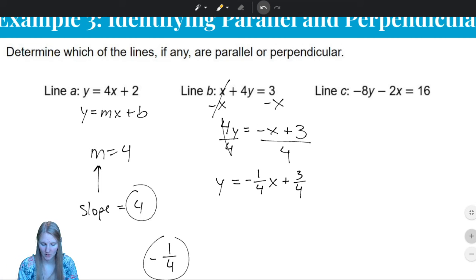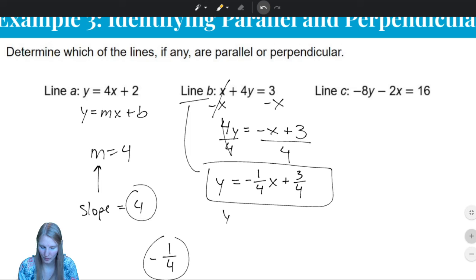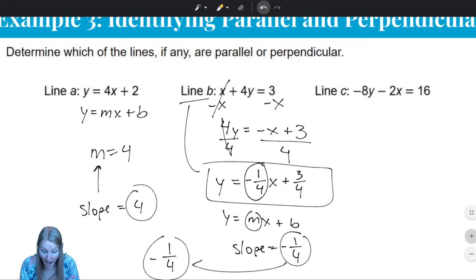All right. So this is the equation of line B, and what is its slope? y equals mx plus b. m is what is in front of the x, so the slope is negative 1/4. Hey! That's the negative reciprocal of 4.